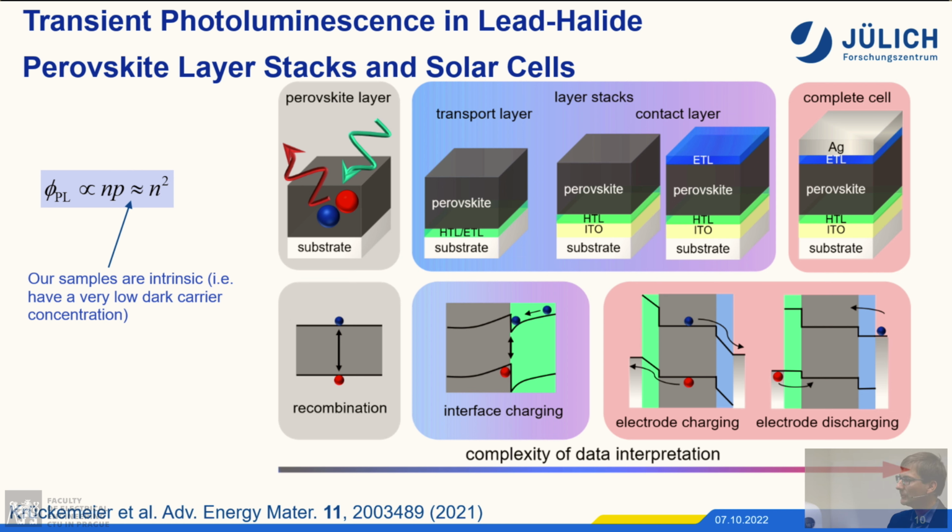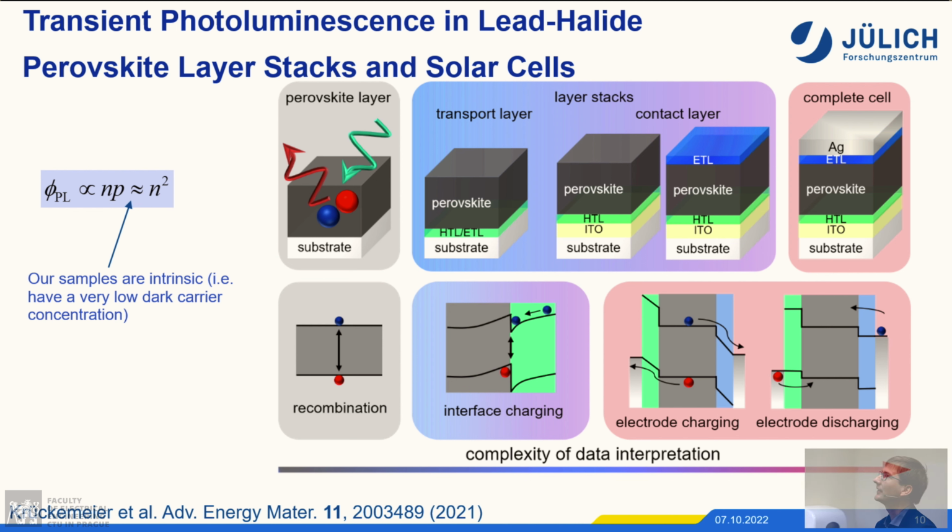So I'll show you different sets of experimental data in the following, and many of them were taken in this logic. So we measured mostly transient photoluminescence and a little bit of transient photovoltage for comparison as well. And the photoluminescence in a perovskite solar cell, or in any solar cell essentially, is proportional to the product of electron and hole concentration, because you need 1 electron and 1 hole to make a photon, right?